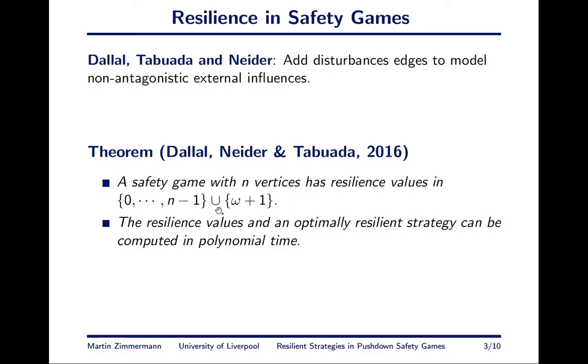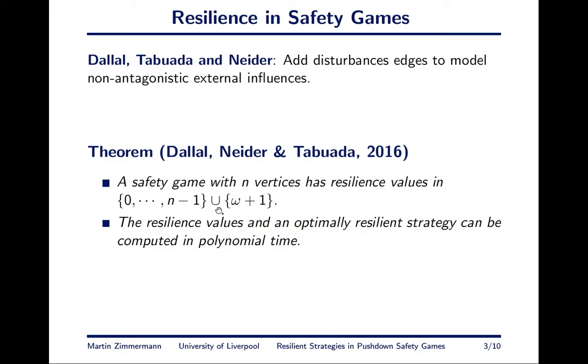It's just that in the special case of safety conditions, you don't have an omega. Okay? So if you go to infinite arenas or to more expressive winning conditions, you may also have an omega. But for our talk here, the omega is not that important.